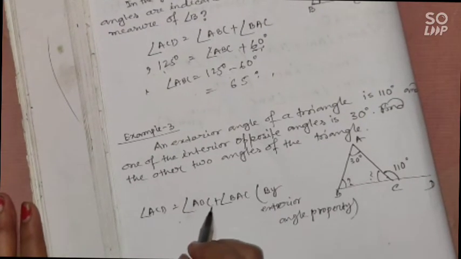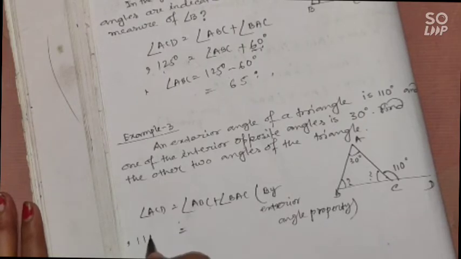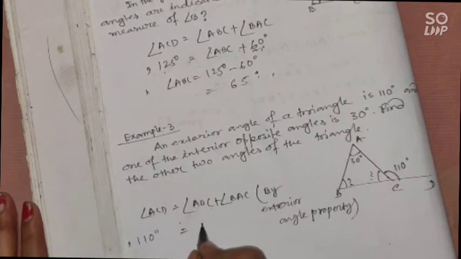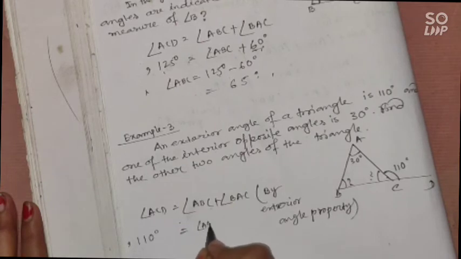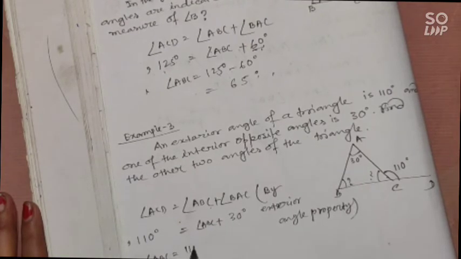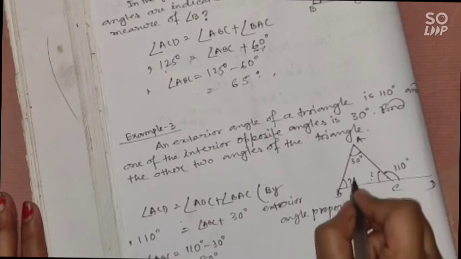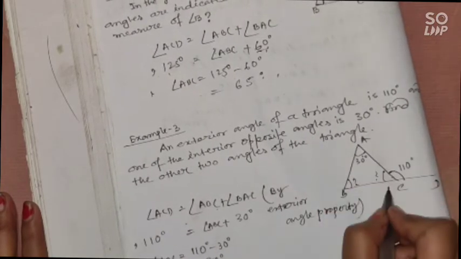So ACD equals ABC plus BAC. What is the value of ACD? 110. ABC, we have to find the value of this angle. BAC is 30 degrees. So angle ABC equals 110 minus 30, that is equal to 80 degrees. So this value is 80, this value is 30, you have to find this value.